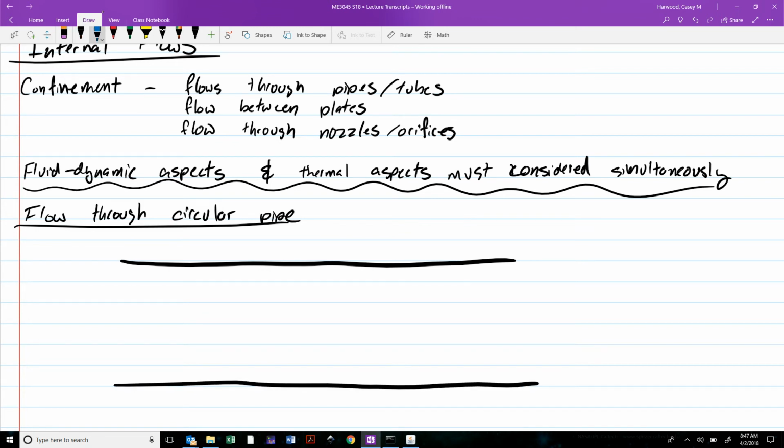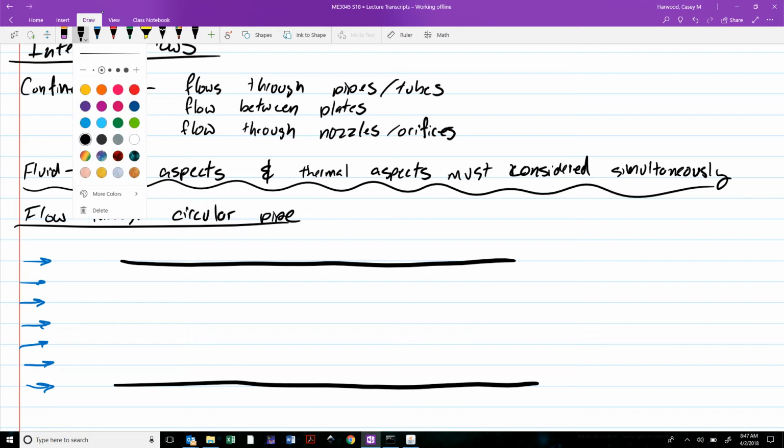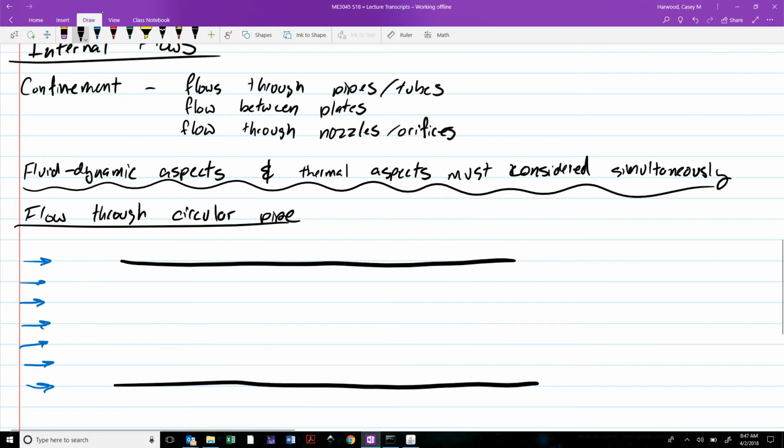If we have a flow that is entering this pipe from an unconfined state, this is our pipe entrance at the left. Let's go ahead and draw that in as a nice filleted round entrance.